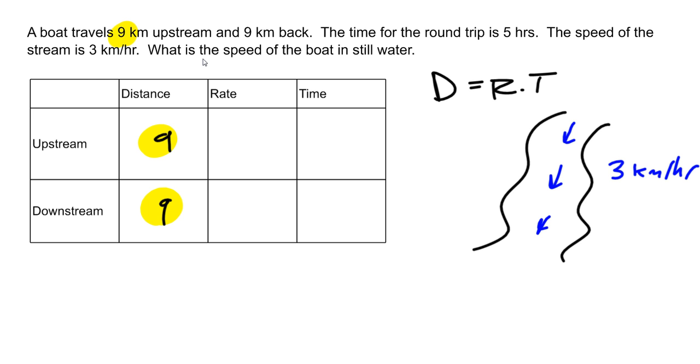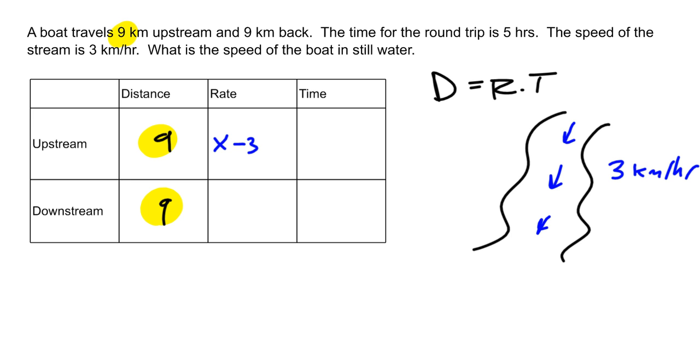So when it says the speed of the stream, that's obviously down. We use that logic for the upstream. Whatever the rate is, which we don't know, I'm going to subtract 3 kilometers per hour.